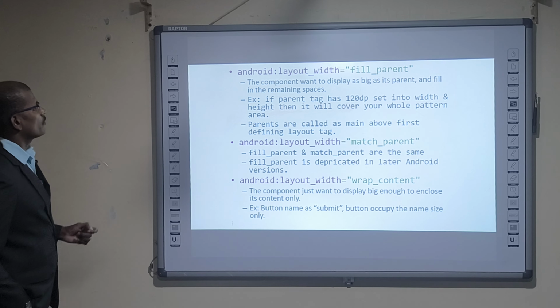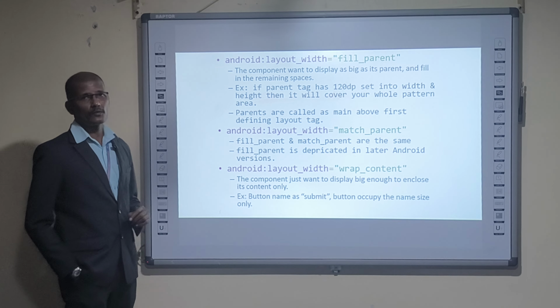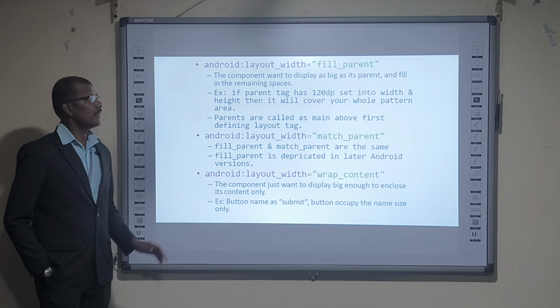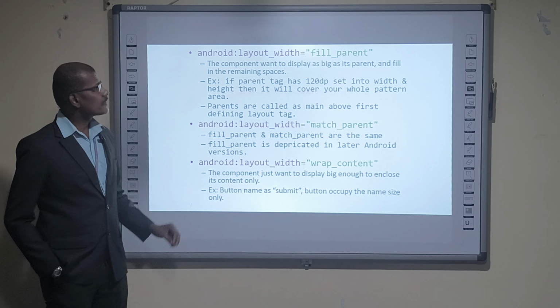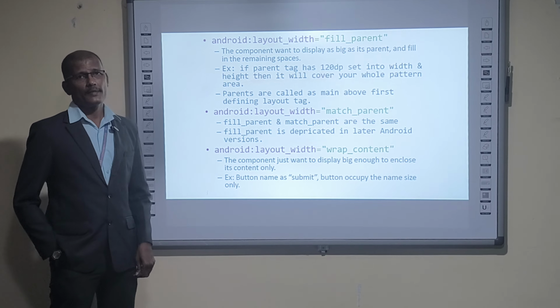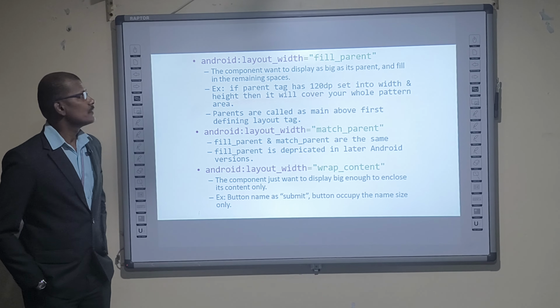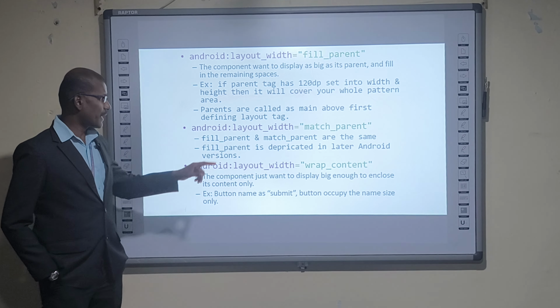Next we are going to see the important properties we have to set with our layouts. Actually, there are three different types of parameters available in layouts. It starts with fill parent and match parent.